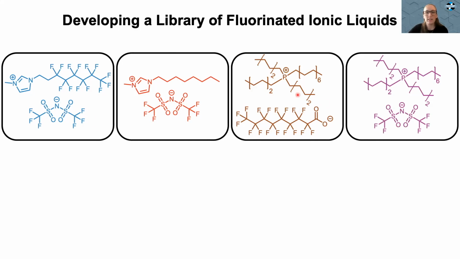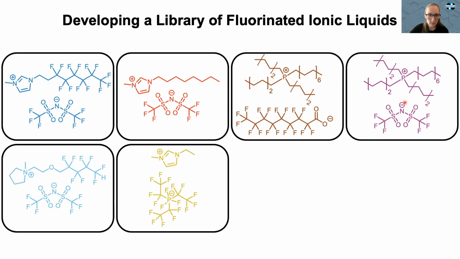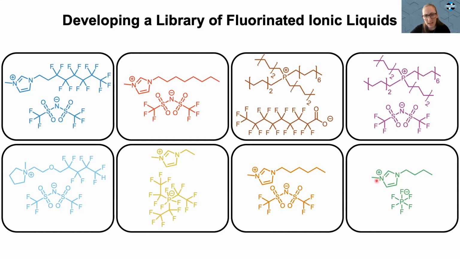We also chose a different type of cation core that has fluorination only in the anion, and it has a non-fluorinated pair. These two ionic liquids don't have non-fluorinated pairs, but we thought they would be useful for their very high degree of fluorination and modified structures. And then lastly, these two ionic liquids are our controls that are very typically studied, and a lot is known about them, so we can use them as validation tools.